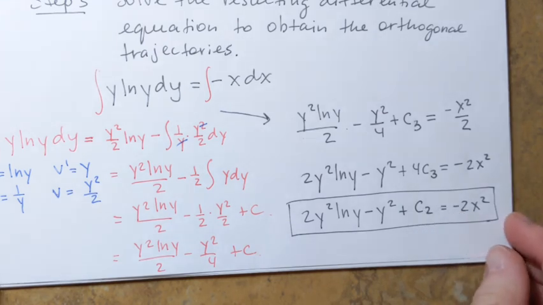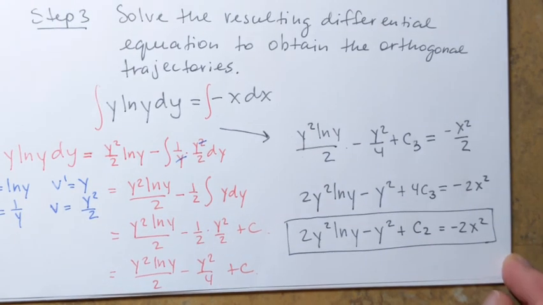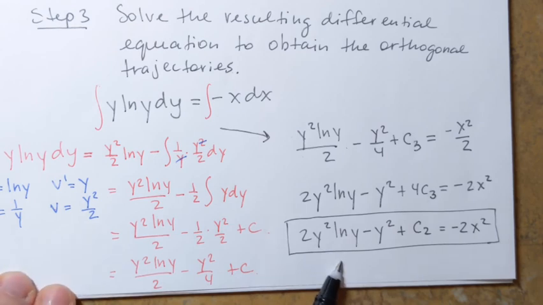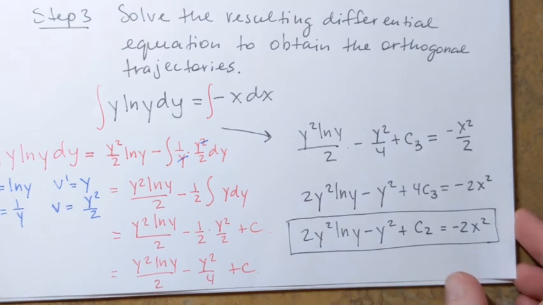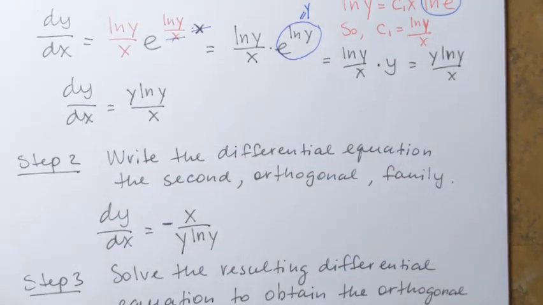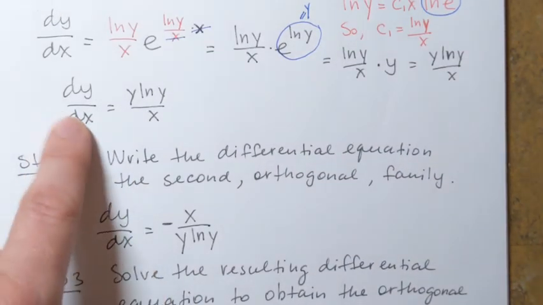As we look back to the whole process and think about the corresponding differential equations, the derivatives, which represent slopes of tangent lines, we'll see that they are negative reciprocals. We kind of forced that, but it was done here.